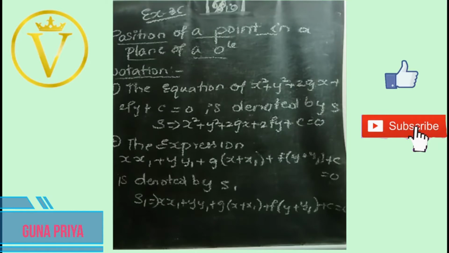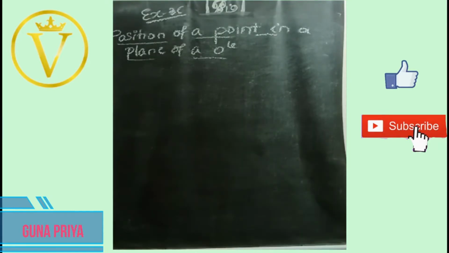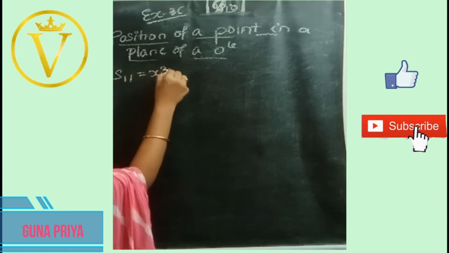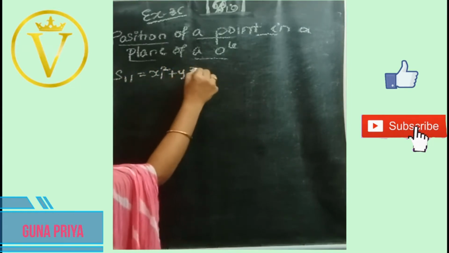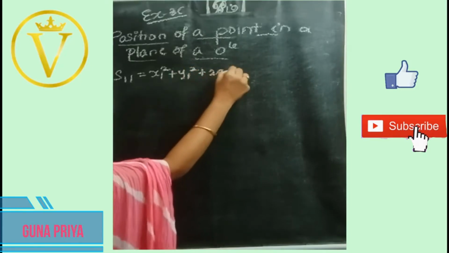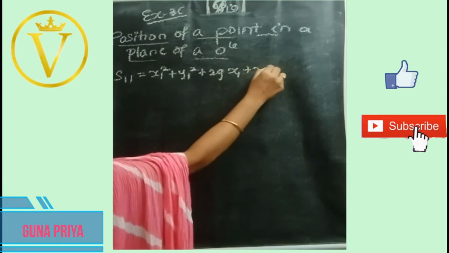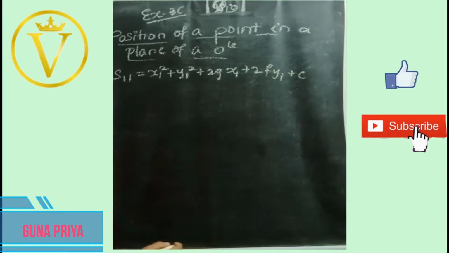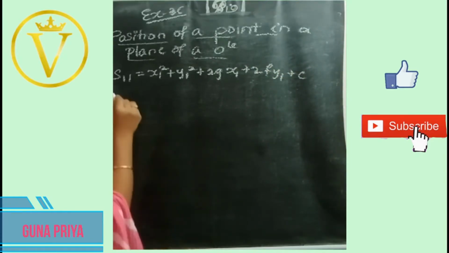Now you see S11. The expression for S11 means x1 square plus y1 square plus 2gx1 plus 2fy1 plus c. Okay, this is the S11 formula.